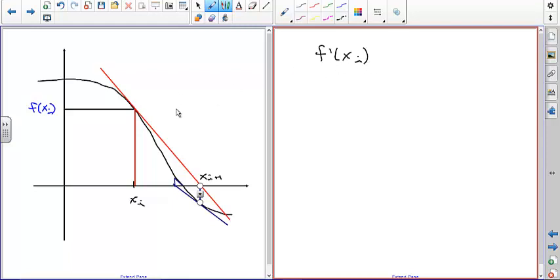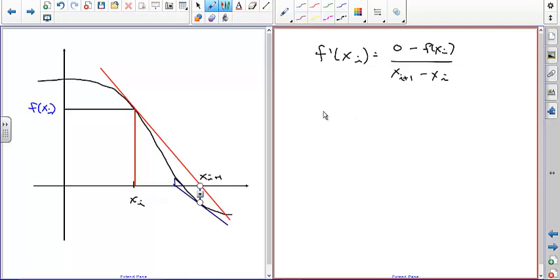And that first derivative of the function, which is the slope of the tangent line, has to be equal to the same slope as this line, and the slope of that line would be y2, which is 0, minus y1, which is the value of the function at the initial guess, divided by x sub i plus 1, which is our approximate intersection with the x-axis for this function here, minus the initial value of x.